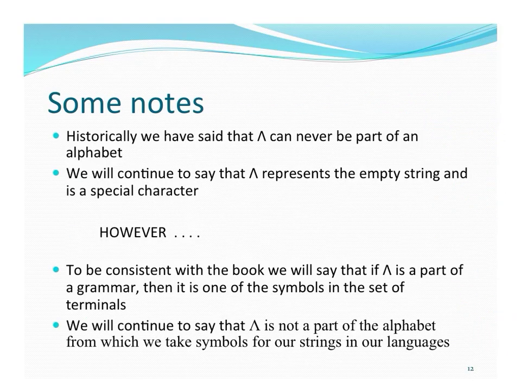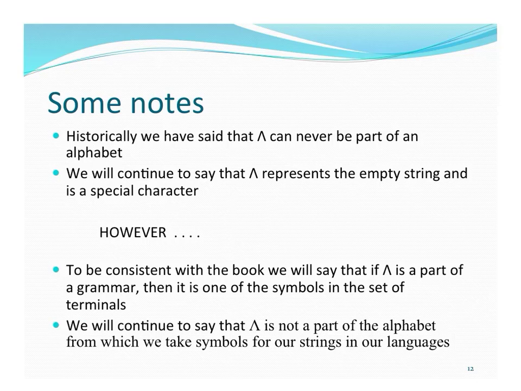Just one point of clarification. We have always said that lambda can never be part of an alphabet. Okay, and we're going to continue to say that lambda is the empty string. It's a special character. You are not going to find it in any alphabet. But just to be clear, in order for us to be consistent with the book, we're going to say that if lambda is a part of a grammar, then it's one of the symbols in the set of terminals.